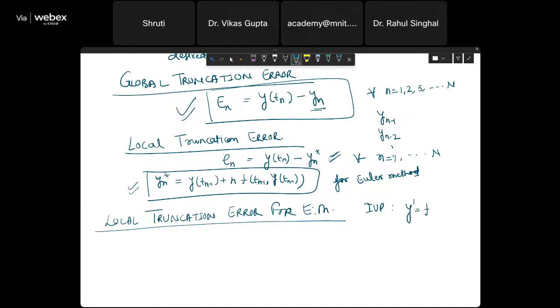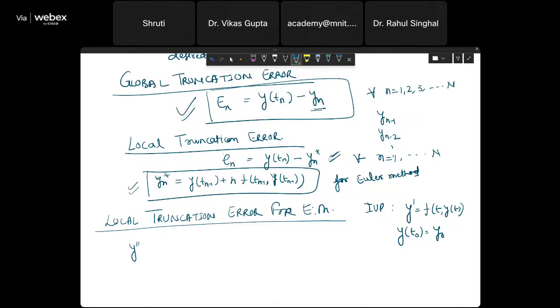So y dash equals f of t, y of t is the equation involved, and the initial condition is y at t naught equal to y naught. It is considered over some domain, and here we assume that the second derivative of y, y double dash, is a continuous function.